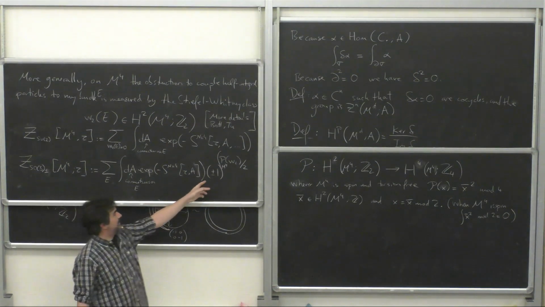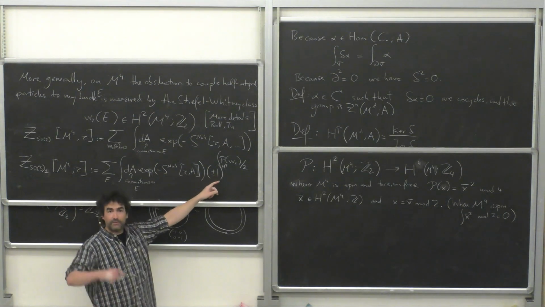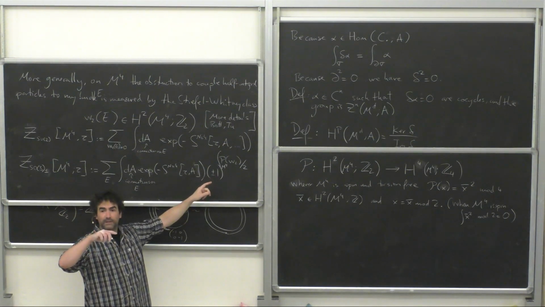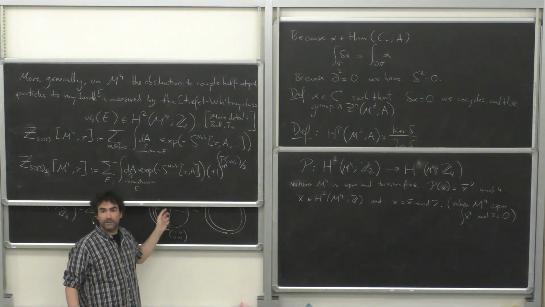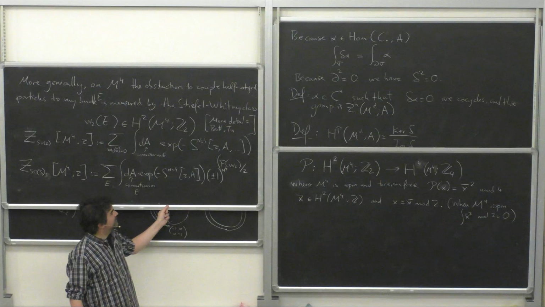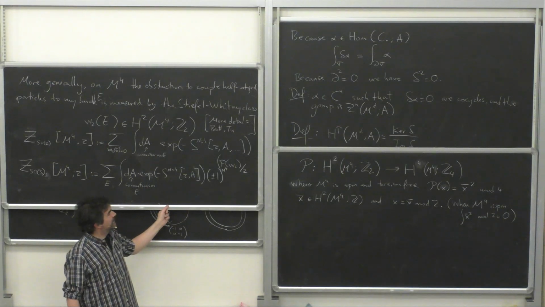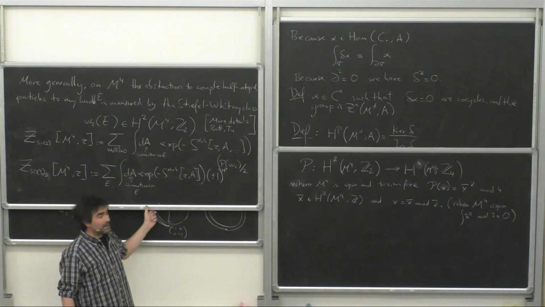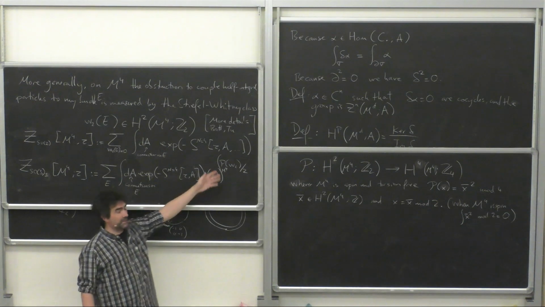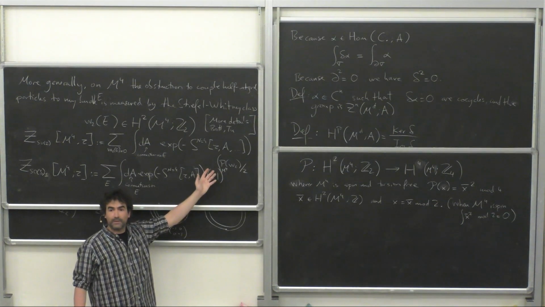defined? Well, you define it as the exponential of pi i times the Pontryagin square over 2, if you want. But if the manifold isn't spin, the Pontryagin square could be odd. Yeah, they can be. So this is a phase in general. Right?